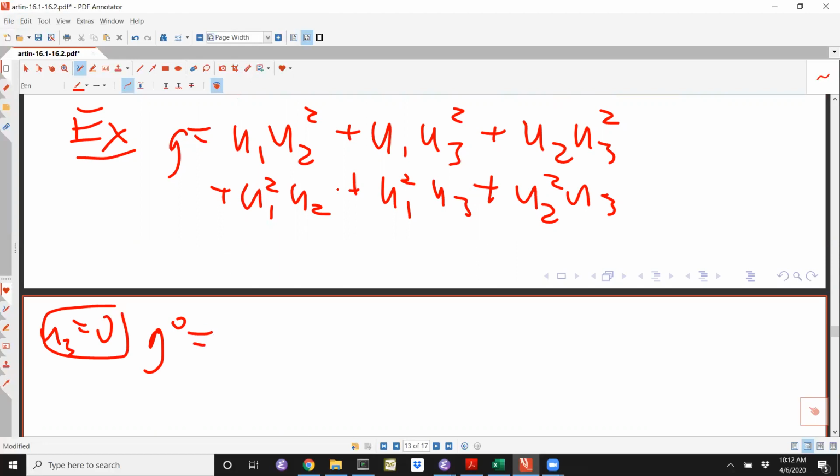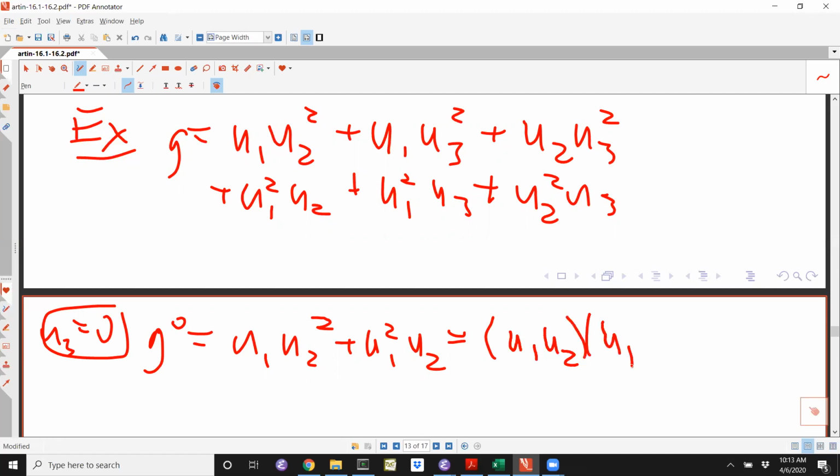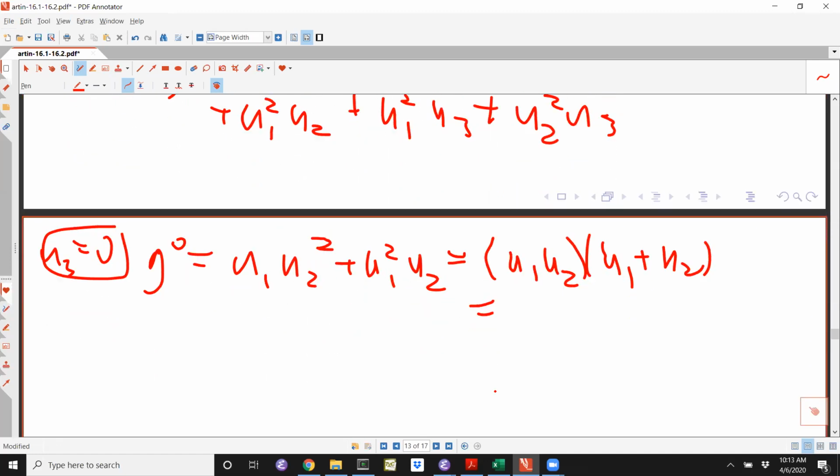Well, if we wipe out all the terms with U3 in it, we get U1 U2 squared plus U1 squared U2, which factors as U1 U2 times U1 plus U2, which you think of as being S2 times S1, but in 2 variables.